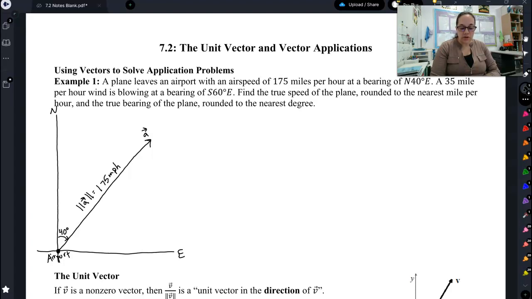Now, there's also a 35 mile per hour wind that is blowing at a bearing of south 60 degrees east. So we're going to do a little bearing here, south 60 degrees east. So about like that.